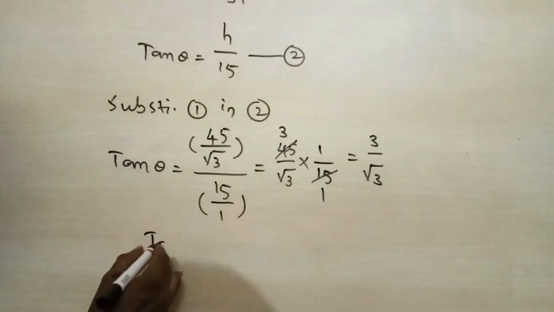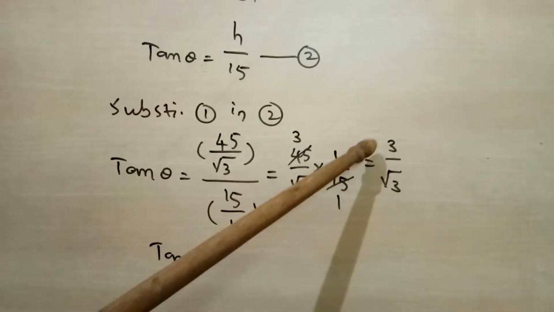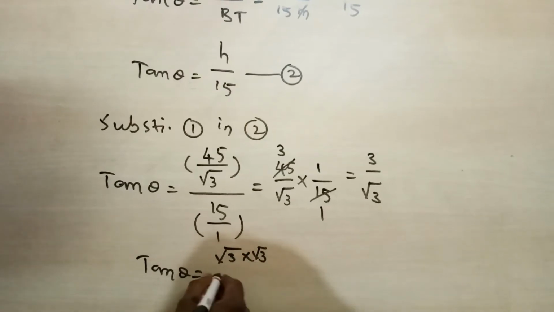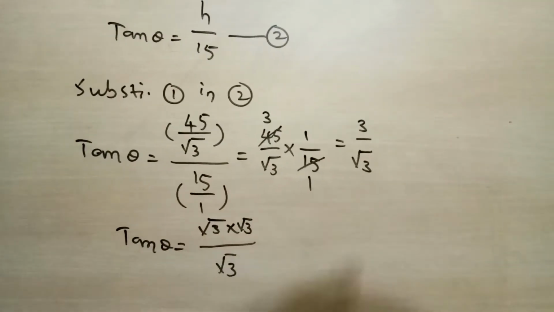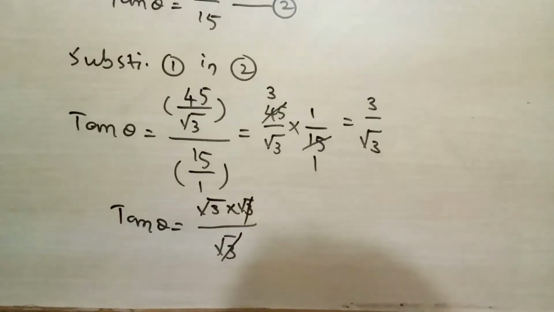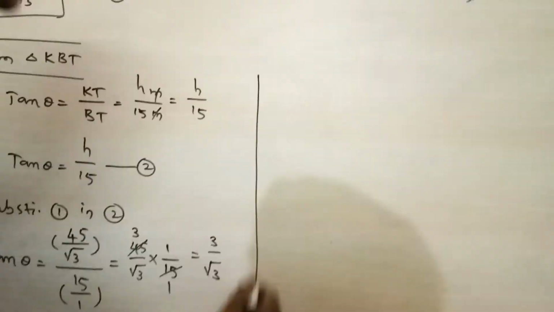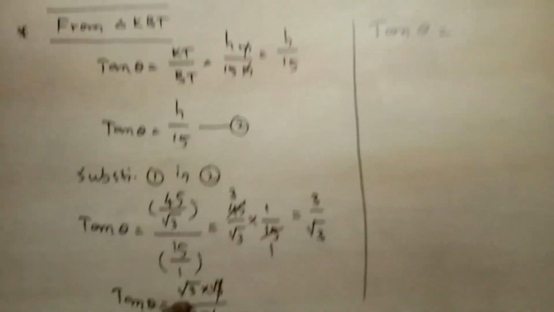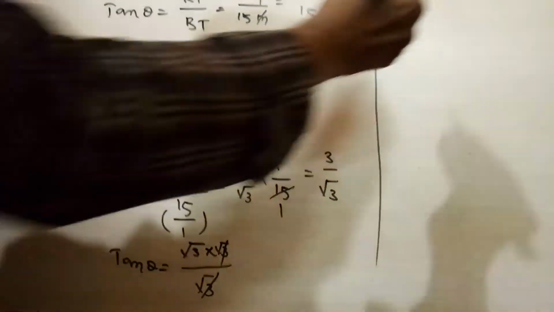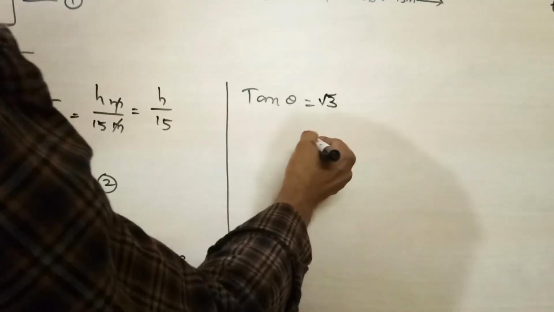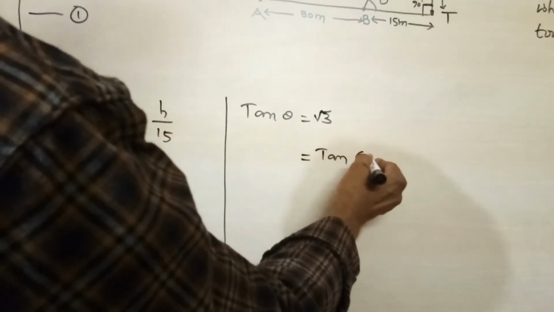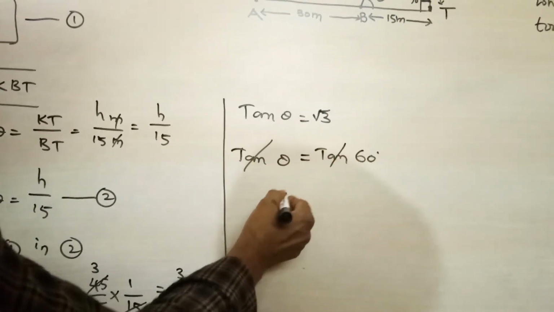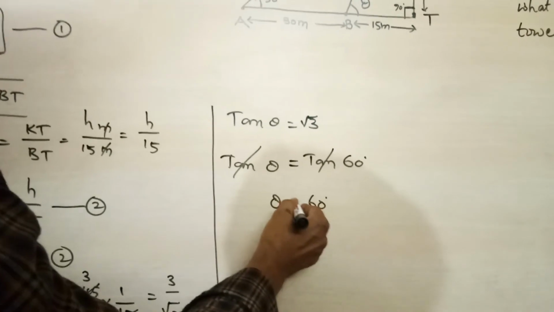I can write this 3 as root 3 into root 3, with the denominator as it is. These will cancel, and tan theta is equal to root 3. Root 3 we can write as tan 60 degrees. So tan theta equals tan 60 degrees, tan cancels, and theta is equal to 60 degrees.